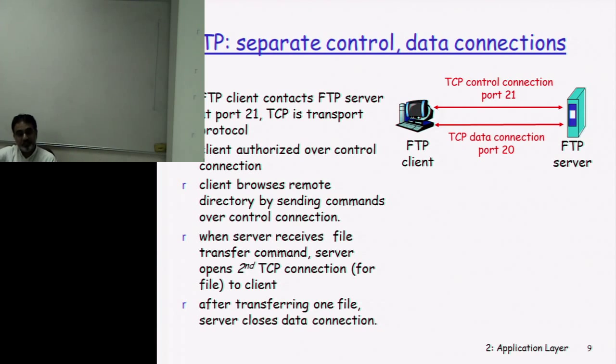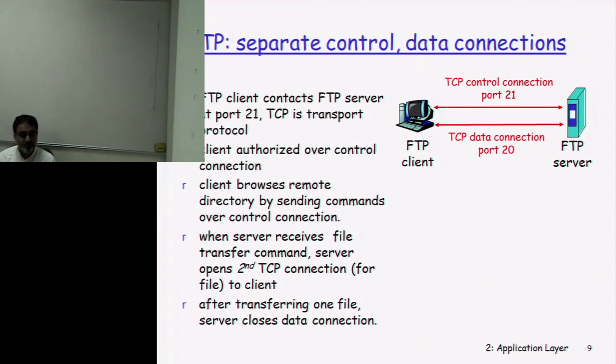The server will send a control message on connection 21, port 21, that the fourth segment is lost. It has to retransmit the fourth segment. Otherwise, the data from the file will be missing.